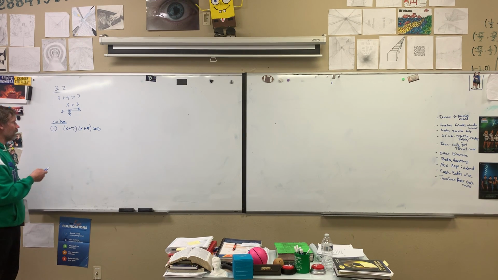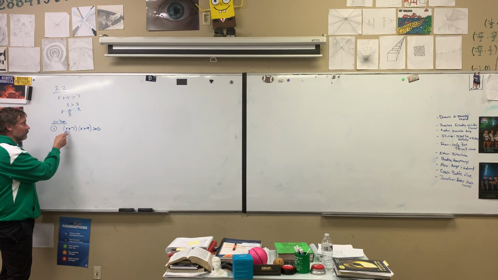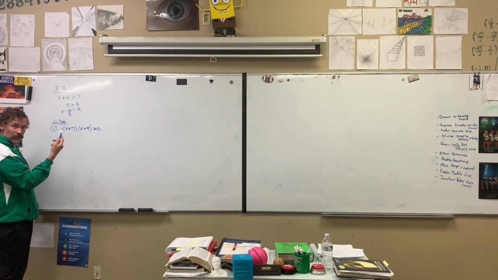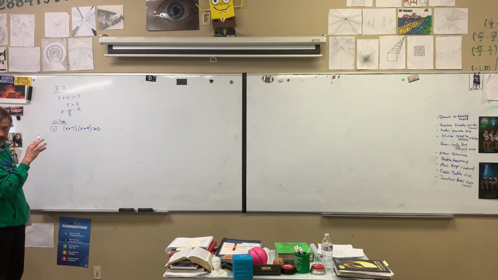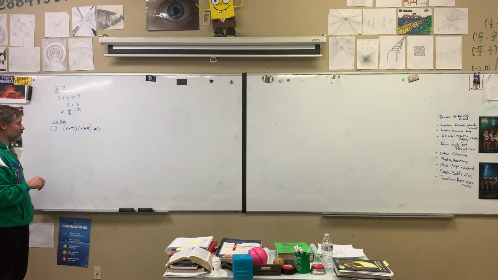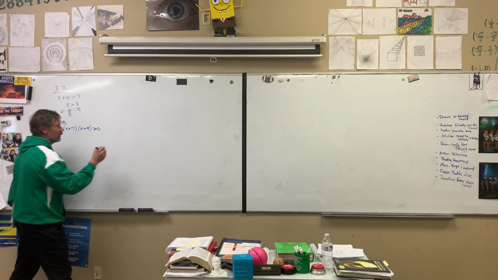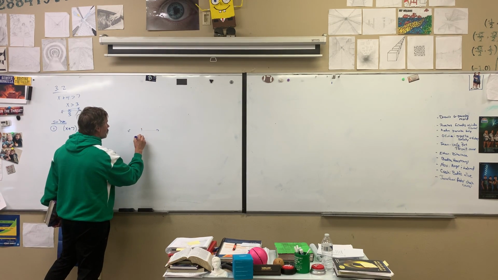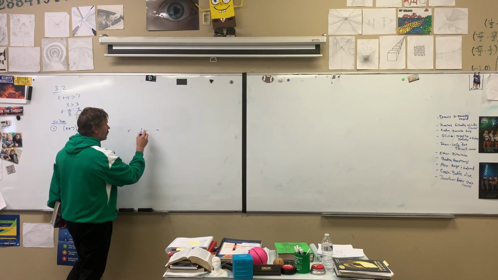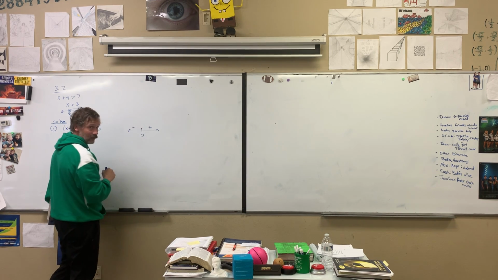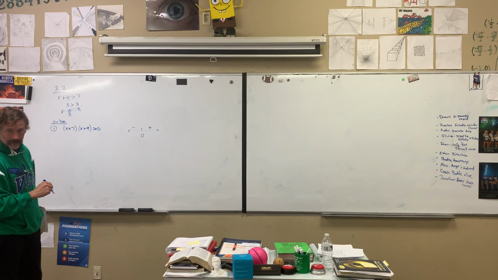If you plug in 0 and 0, you're going to get out 63, which is positive. We're not worried about the 63, we're worried about whether it's positive or negative. On a number line, on either side of the origin, you'll have a positive and then a negative.